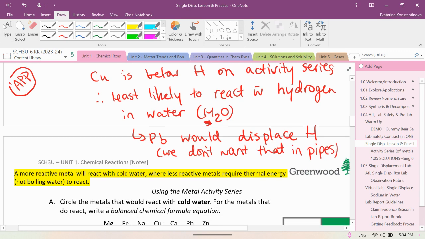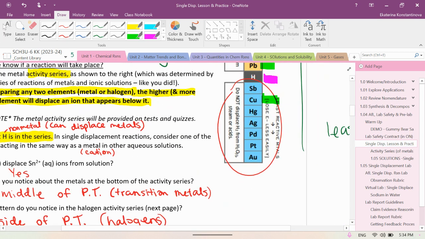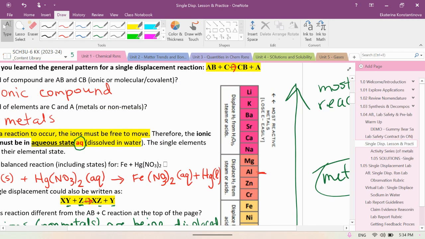Now, a note to add on: a more reactive metal will react with cold water, whereas less reactive metals require thermal energy or hot boiling water to react. On the side of this activity series, it tells you, for example, all of these will displace hydrogen from water, steam, or acids.